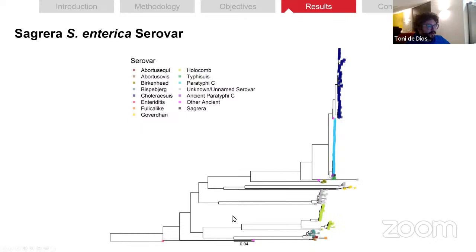This is the whole diversity of serovars in this particular superbranch. And here we have Salmonella enterica Paratyphi C. In our case, this is our Sagrera sample, and it's falling just basal to the modern Paratyphi C clade. This is a good indicator that it's ancient, that it has not accumulated mutations, so it's falling within the tree, but at the bottom of the tree.